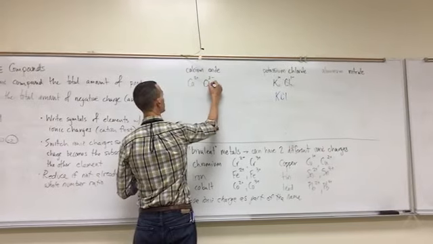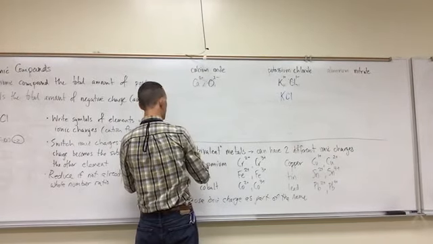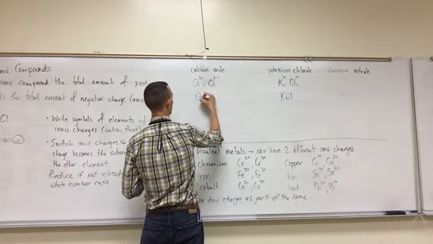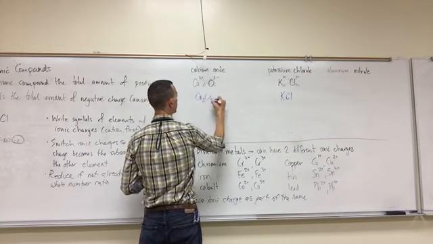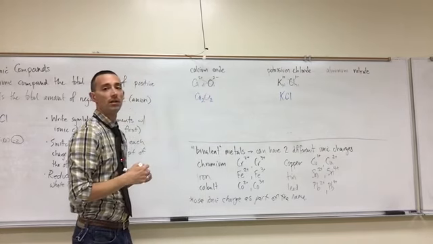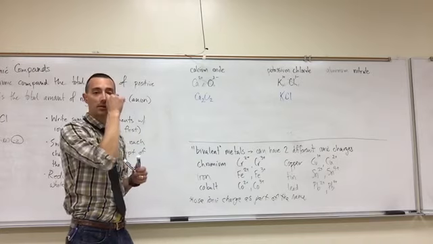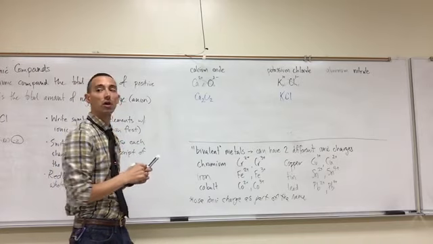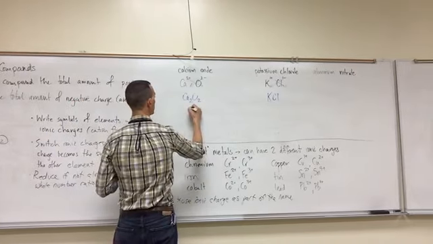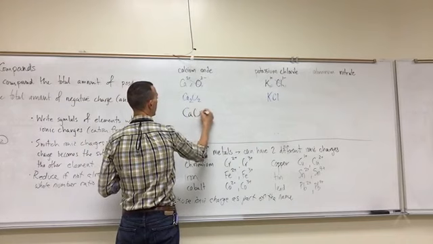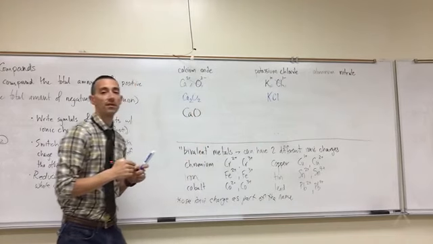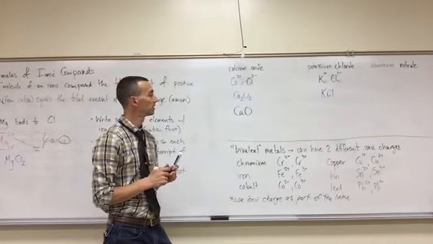Crisscross these charges, swap them down, and it looks like we have a temporary formula of Ca2O2. But ionic compounds are always reduced to the lowest whole number ratio, so this would become CaO, and that's your formula for calcium oxide. Okay?